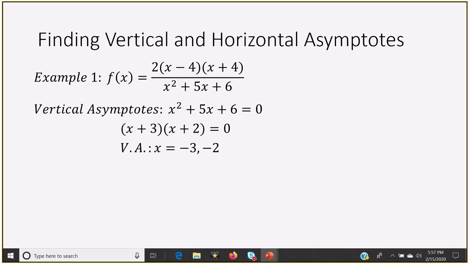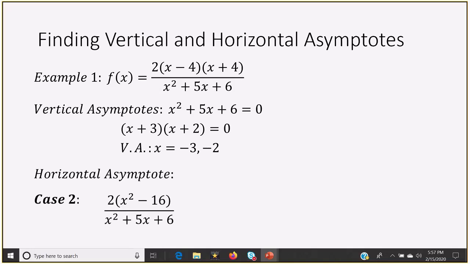Now for our horizontal, since this is new, we'll kind of slow it down on that one. It's a case 2. How do I know it's a case 2? Fair question. I should probably FOIL it out. So I FOIL out the numerator. X minus 4 times x plus 4 is x squared minus 16. And I have that 2 in front.